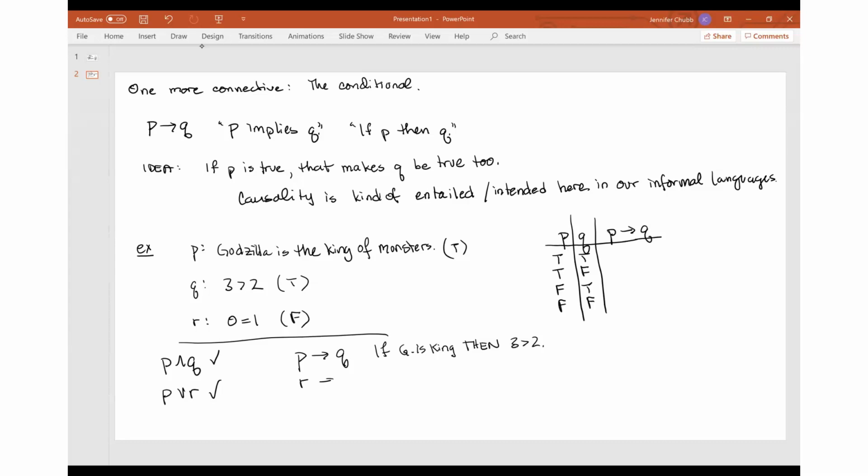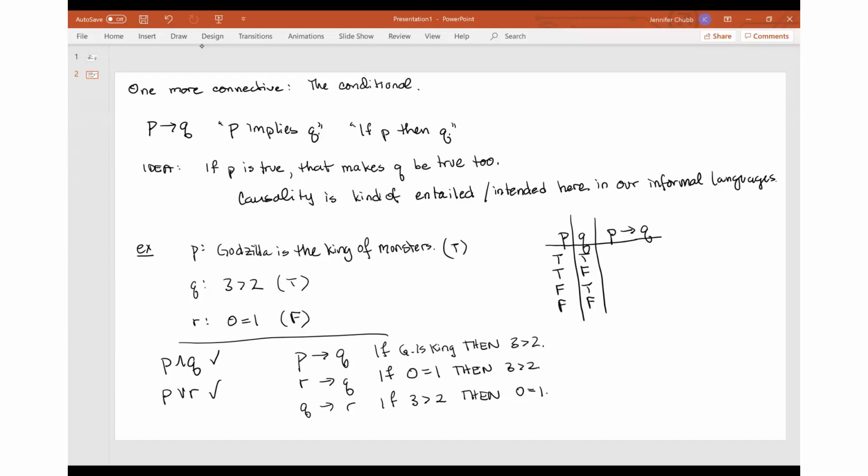How about R implies Q? So that says if 0 equals 1, then 3 is bigger than 2. How about Q implies R? So if 3 is bigger than 2, then 0 equals 1.